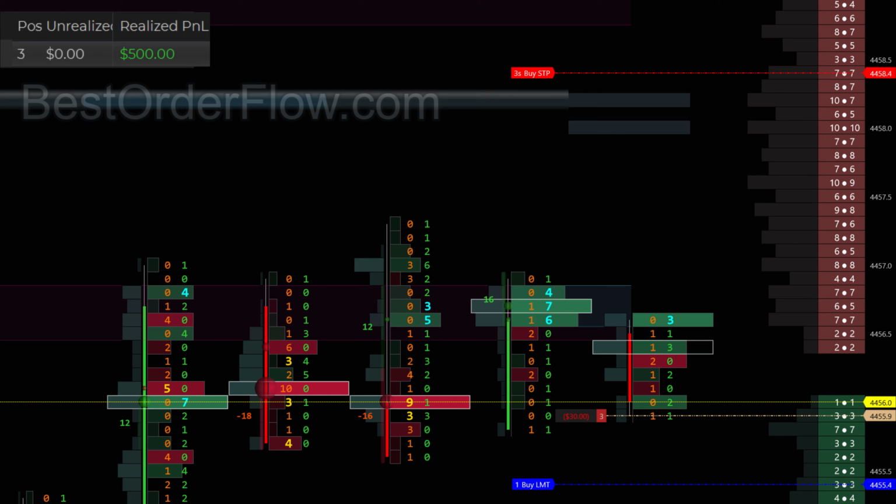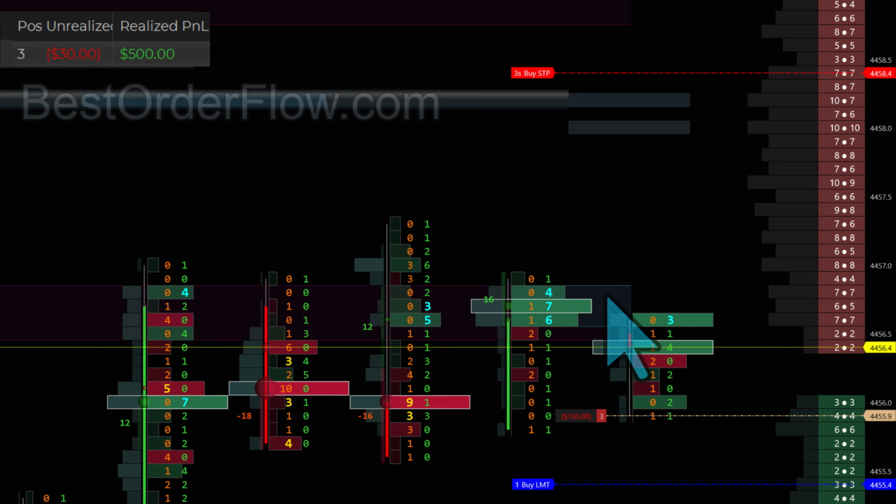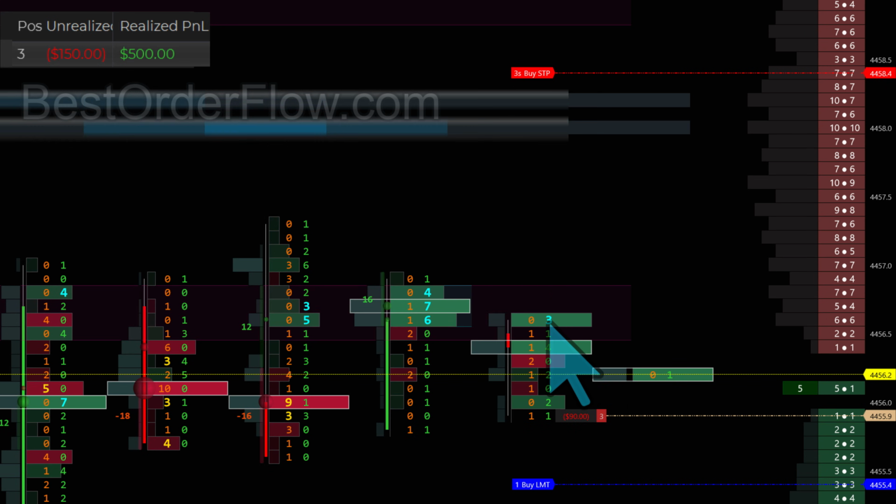Yes, I do see some buyers over here, and there was a buying zone because 3 imbalances in a row, buyers more than 200% over the sellers. So we've got this little zone over here, so they're stuck. But there's not a significant amount.